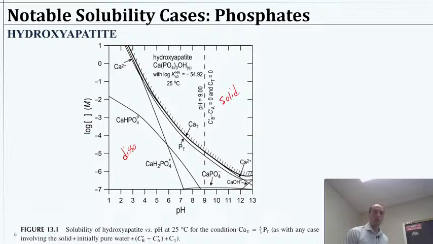So a good way to look at it would be, these are the dissolved things on the lower left side, and anything up above that edge is a solid. So we could take a look at that and the different speciation that would be there. Just wanted to give you a general impression of what that would look like.